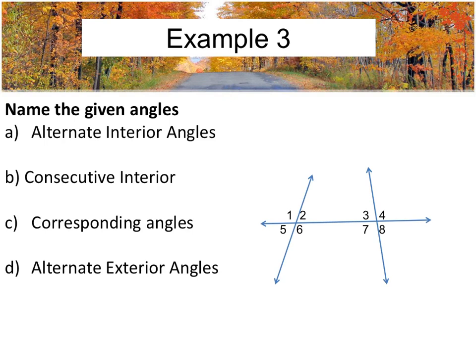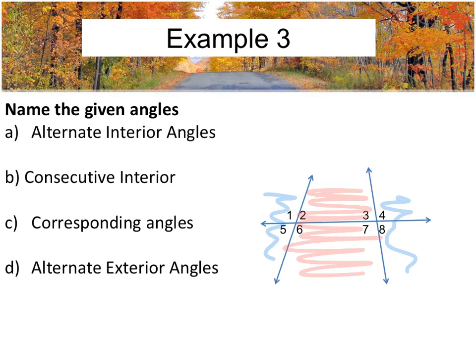So again, you're going to find the middle. Those are the interior. These would be your exterior angles. So alternate interior. So here's my transversal. Opposite sides of the transversal, but on the inside, and they can't be adjacent.